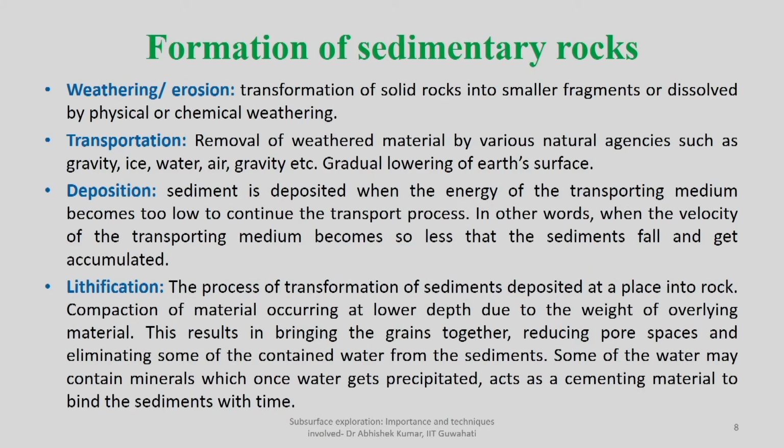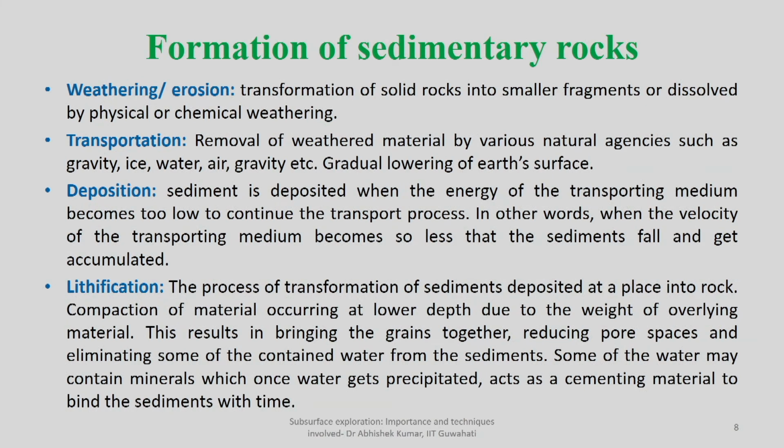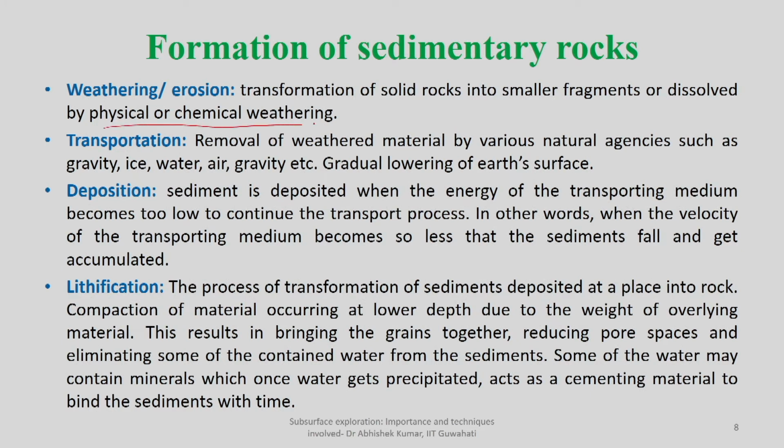Then the formation of sedimentary rocks can happen in different ways. First one is weathering and erosion, which consists of transformation of solid rocks. Some solid rock is there, and because of weathering or erosion agencies, which can be glacier, ice, flowing water, air, and sometimes gravity, as in the case of soil formation also, the parent rock can be fragmented or broken down into small particles, which may get dissolved by different physical and chemical processes.